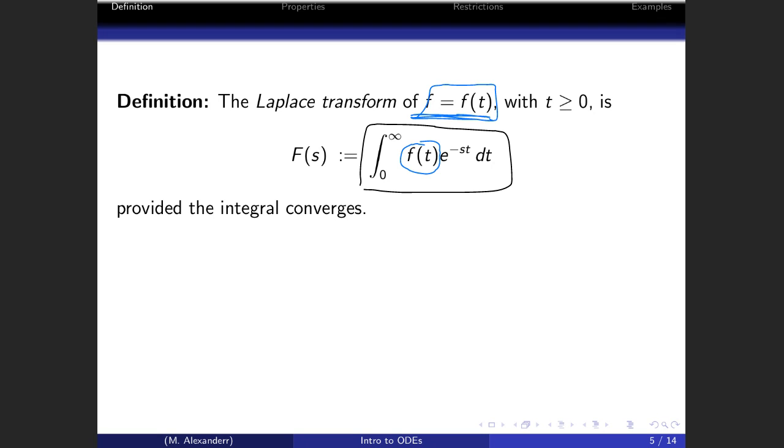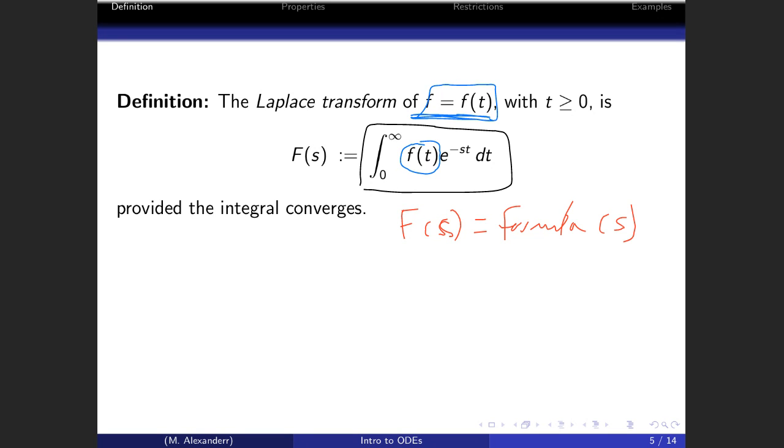After you do the calculation, you get this function, which will be in red, some formula in the variable s. And that is the Laplace transform. The red is the Laplace transform of the blue little f function.